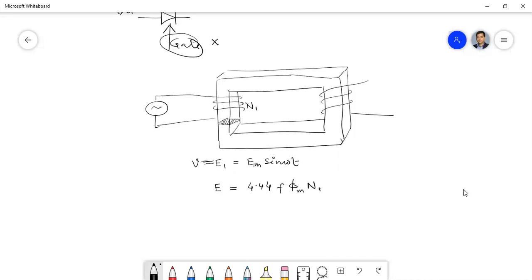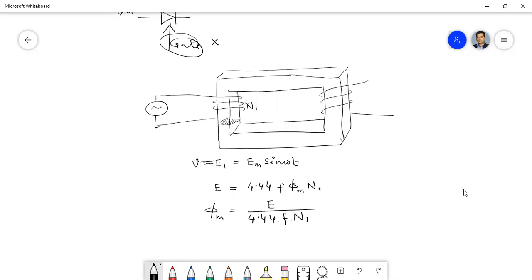So if this is the expression, then what will be the flux? Flux is E by 4.44 F into N1, isn't it?